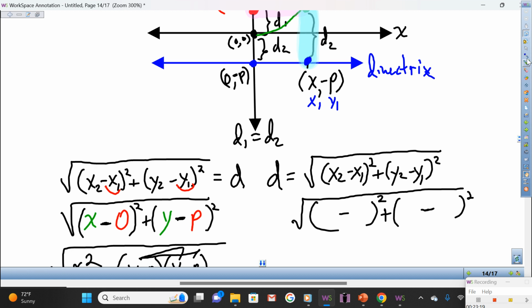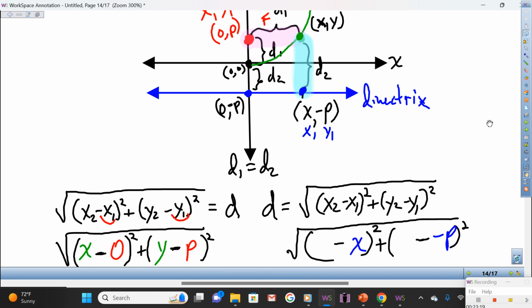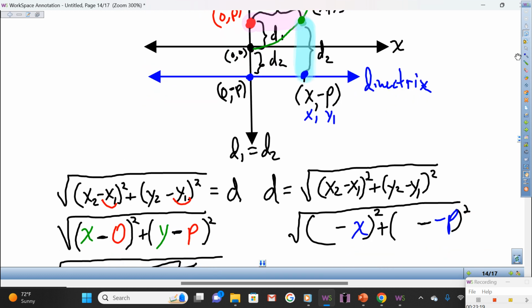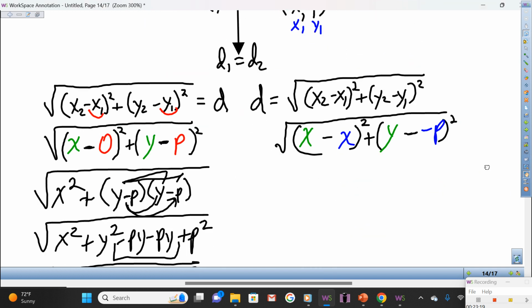X sub 1, y sub 1, that is x and negative p. Okay. And what was x sub 2, y sub 2? X and y. All right, let's follow this along.